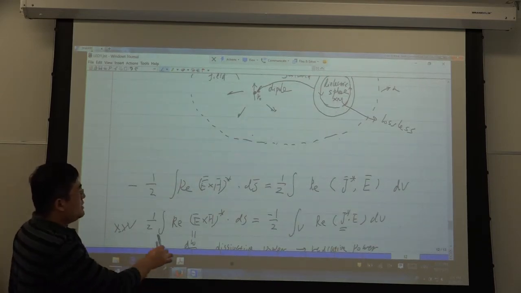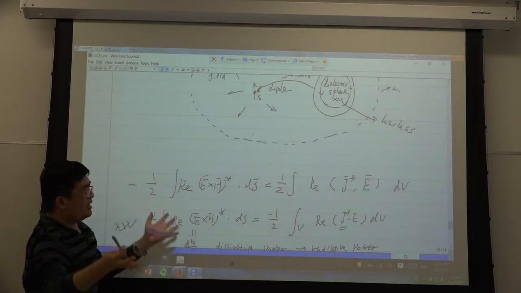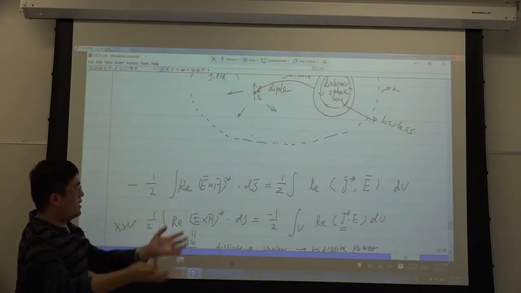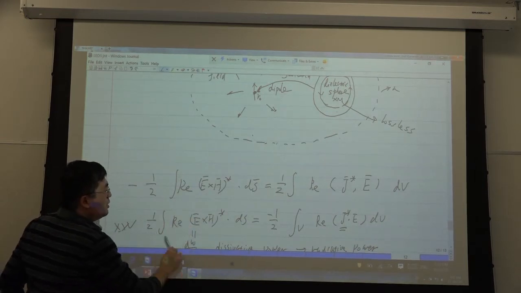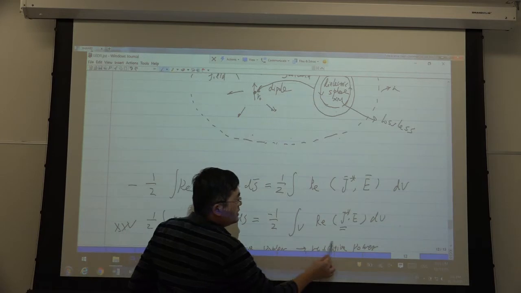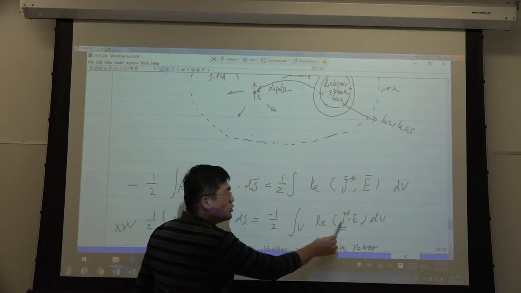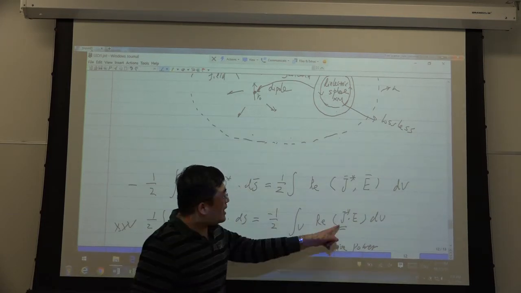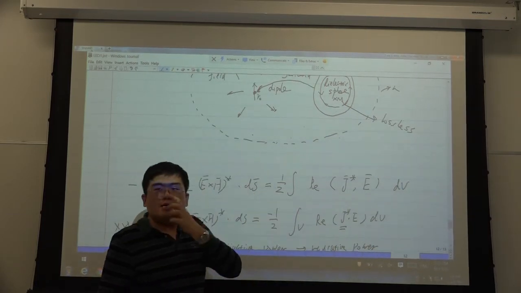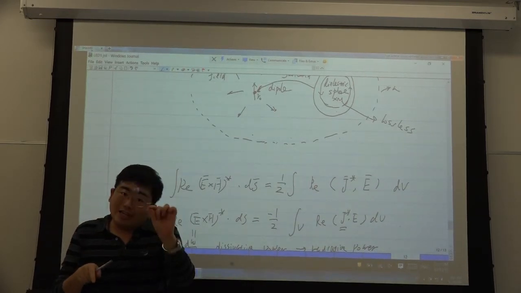According to this equation, I said this is the radiative power, in a closed surface including the source and the sphere. According to the Poynting theorem, this is equal to the dissipative power by the source, J dot E. Because it's a delta source, this source only has one point.